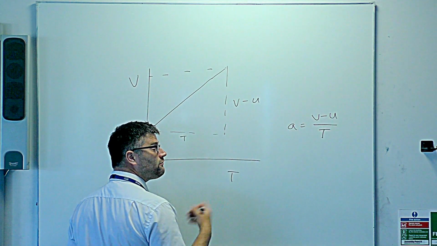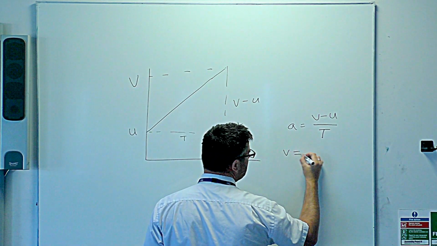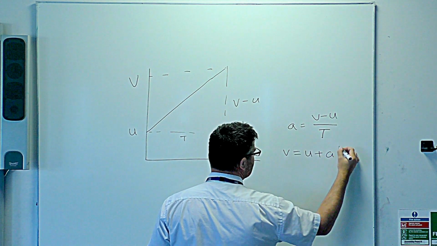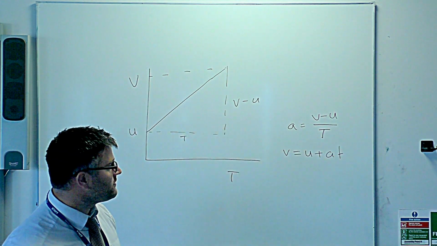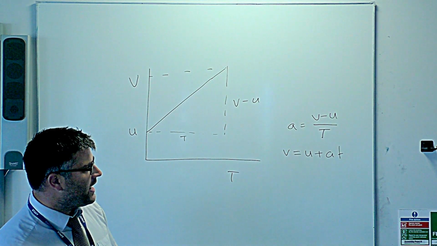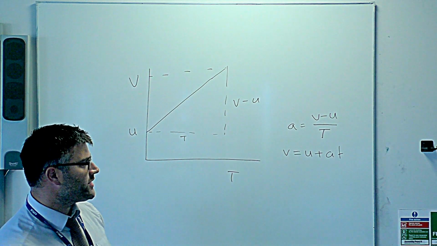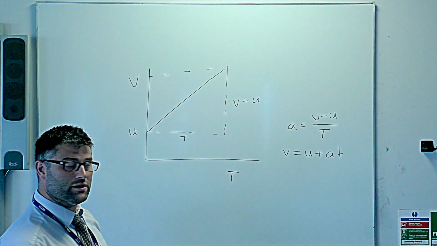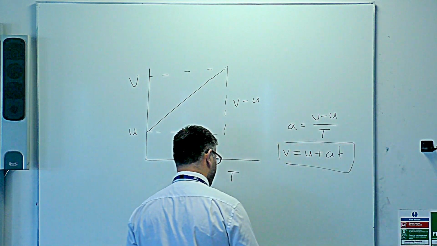If we rearrange this equation, we come to v equals u plus at, which is on your equation sheet, and that's the first of the Suvat equations. I've jumped a little bit of algebra there, but do go back and watch some algebra checks videos just to help you with some of these. So that's Suvat number one.